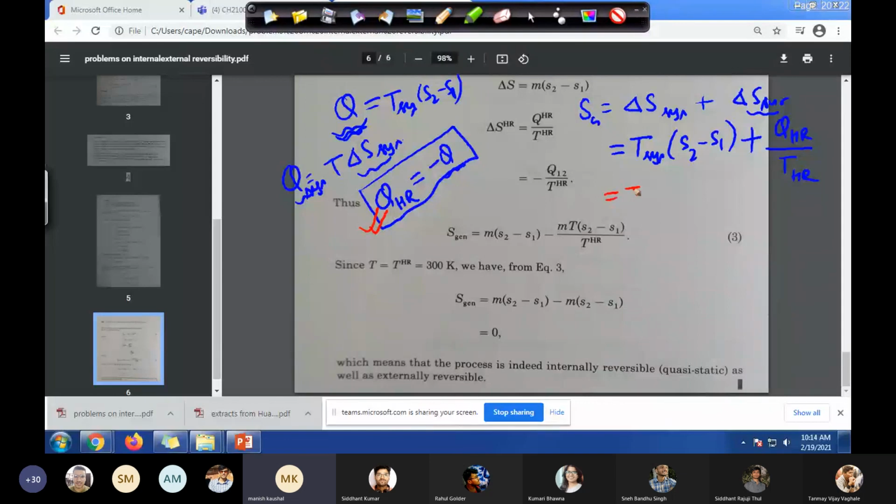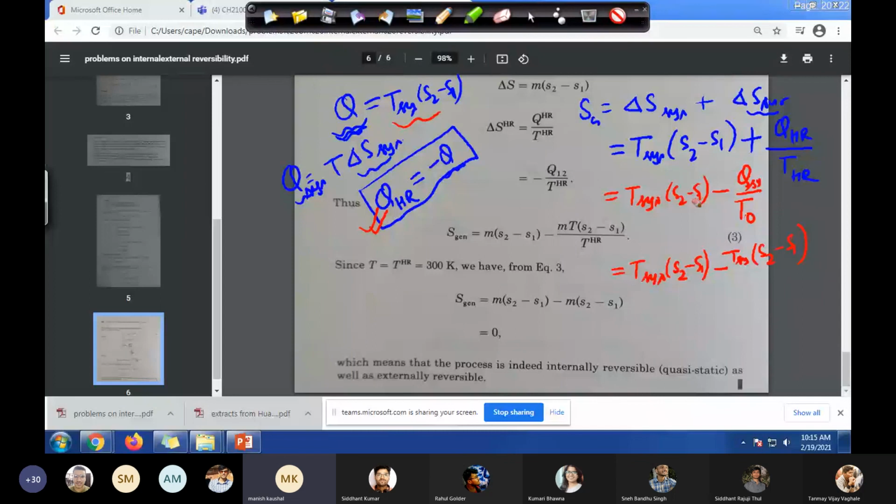So T system S2 minus S1, QHR is minus of Q given to the system, by THR, which is nothing but T naught. Then T system S2 minus S1. And what is Q system? T system, sorry, minus T system S2 minus S1.